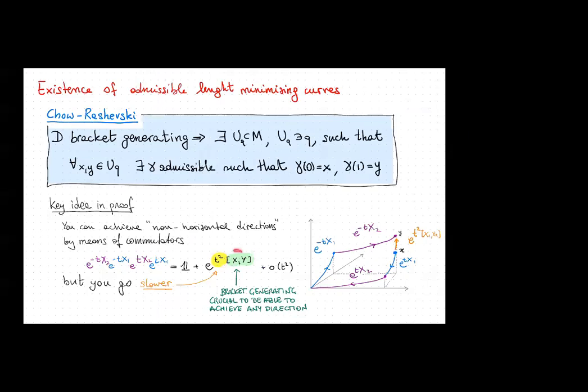Because of the degree of non-commutativity, if you look at the flows along these vector fields and essentially compute their commutator, you move along one, along the other, back along the first, back along the other, then you will have achieved the extra direction you need, if you need it, to connect those points.